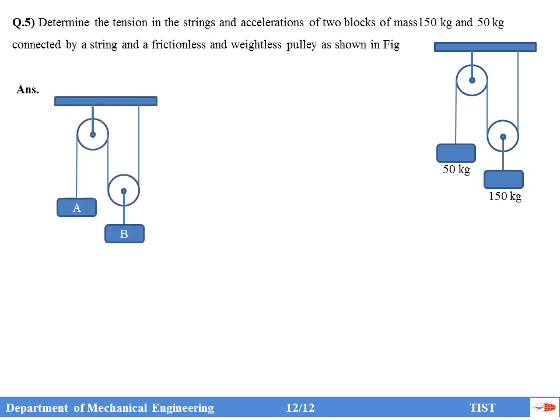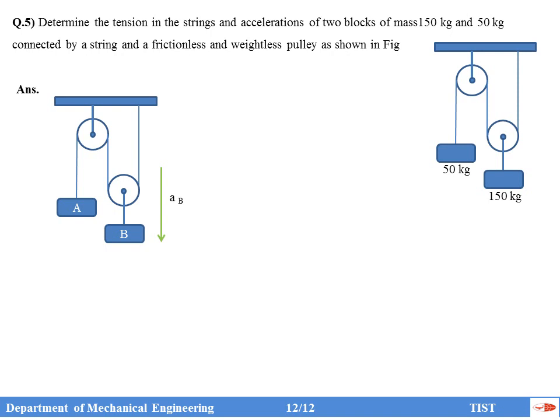Now if you draw the free body diagram of block A, I am putting the 50 kilogram mass as block A, and the other one is block B, and I am assuming block B is moving in the downward direction, which is a reasonable assumption because block B has more weight or more mass than block A. As discussed in the previous case, if I am getting AB as negative, then my assumption was wrong, and body B moves in the opposite direction of the assumed direction.